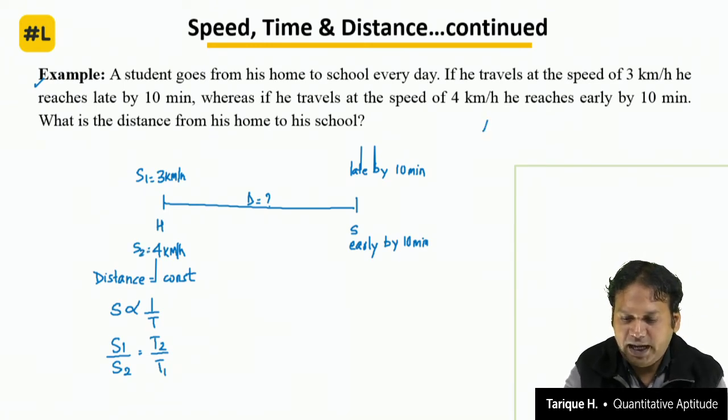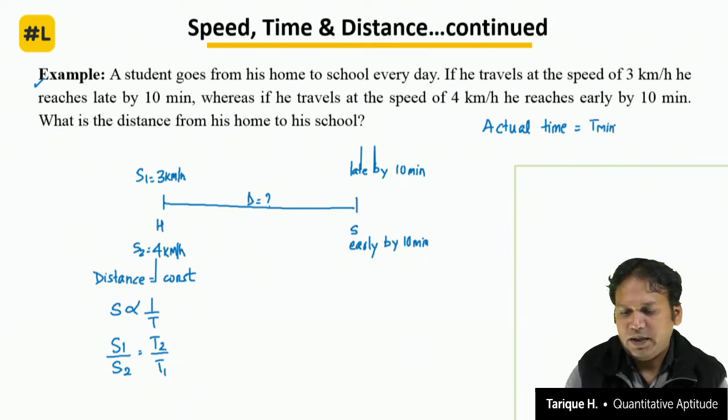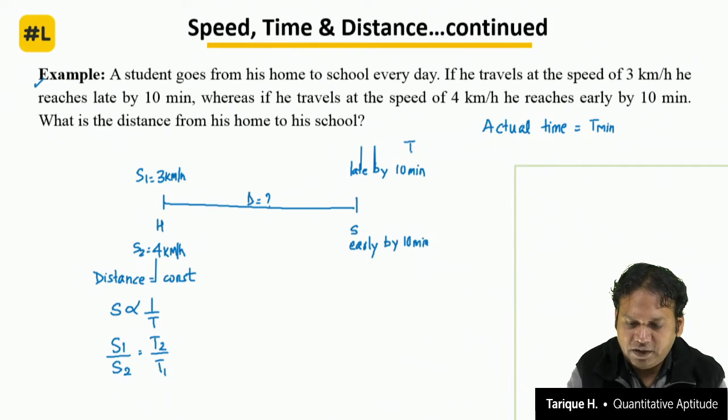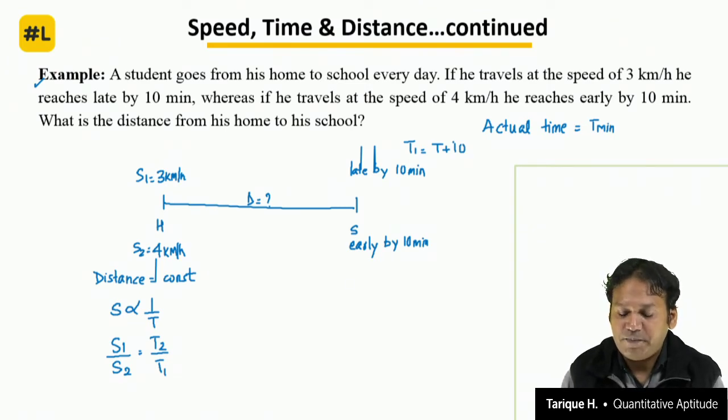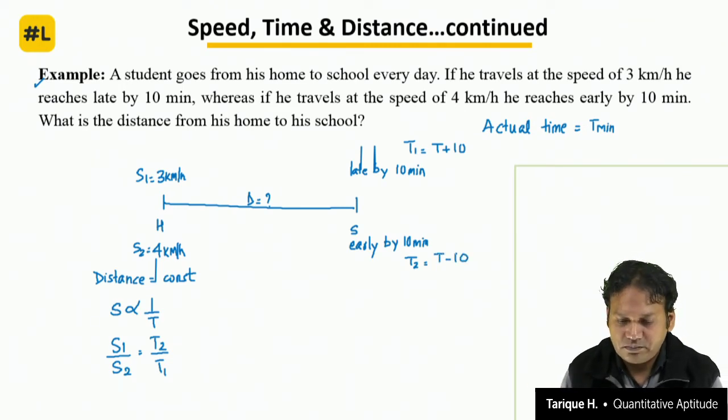So let us say that the actual time is T minutes. Then the time taken in the first case will be T plus 10, because he is late by 10 minutes, and the time taken in the second case will be T minus 10, because he is early by 10 minutes.